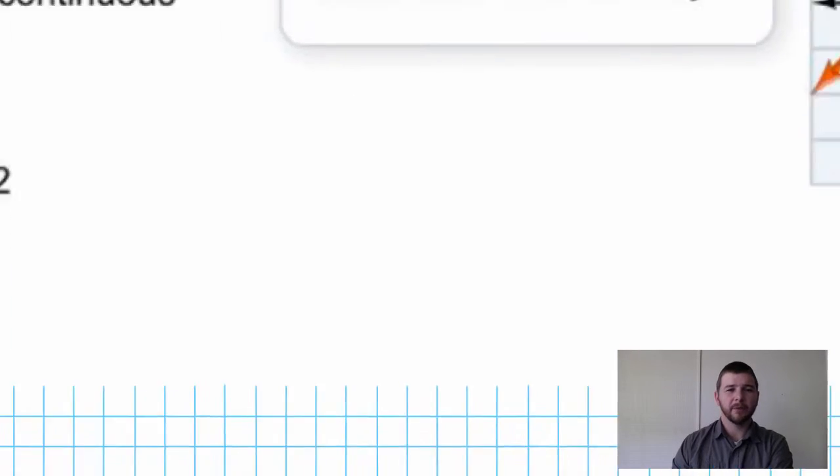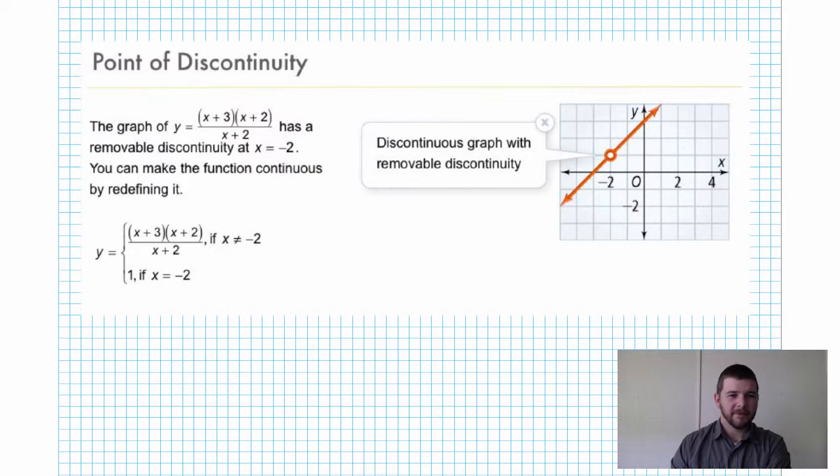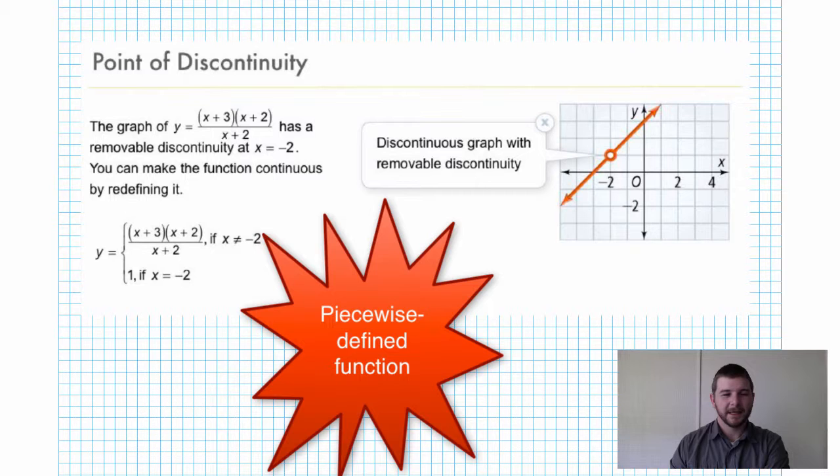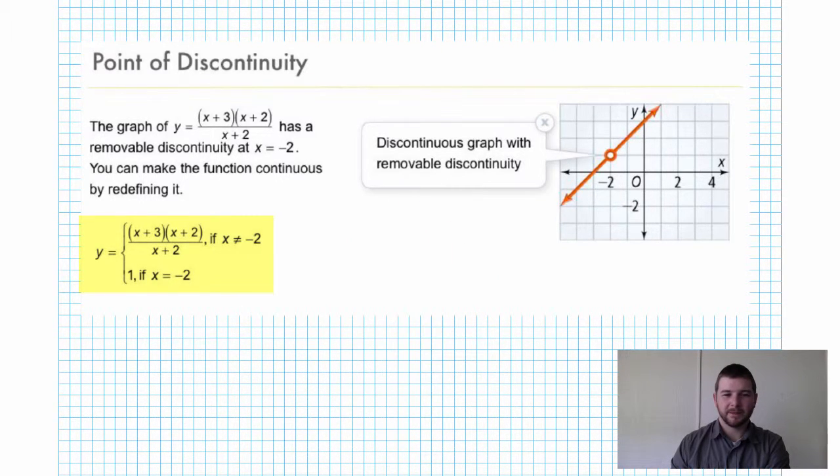All right, so more on a point of discontinuity. The graph of y equals (x plus 3) times (x plus 2) over (x plus 2) has a removable discontinuity at x equals negative 2. You can make the function continuous by redefining it in the following piecewise defined function. So our function y will equal (x plus 3) times (x plus 2) over (x plus 2) if x does not equal negative 2.